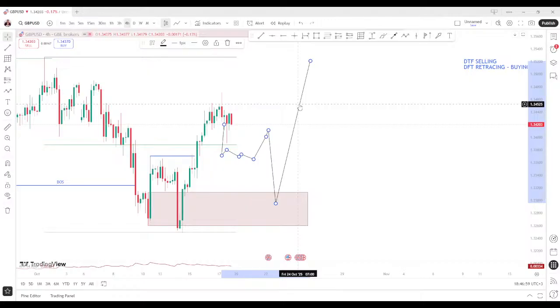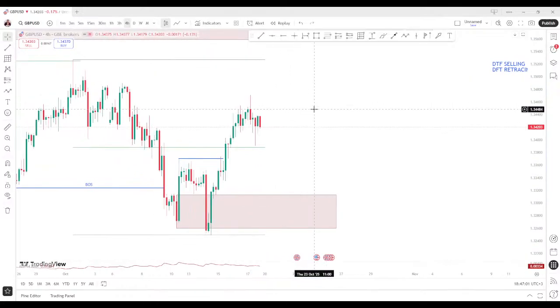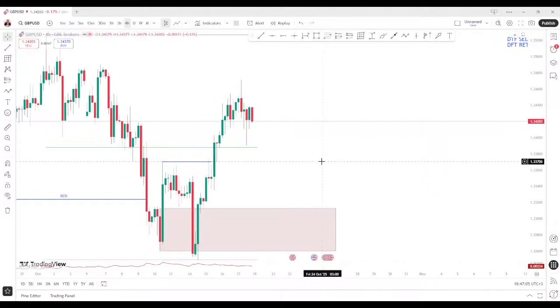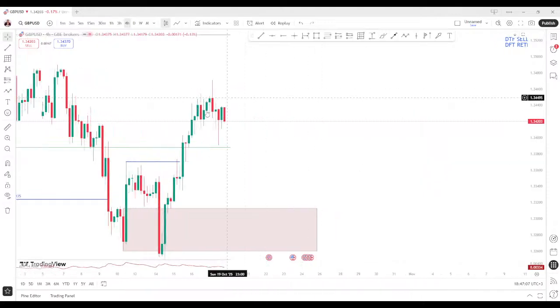So let's say I'm looking for sells tomorrow, and I manage to get an order block here, my first take profit will be around this area, because this is where we have this breaker block.